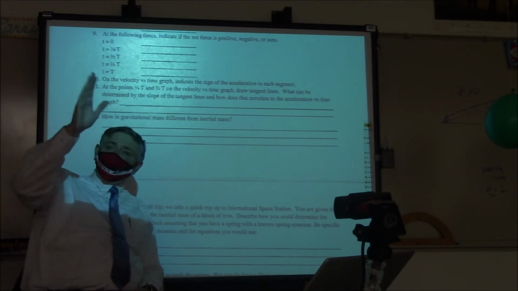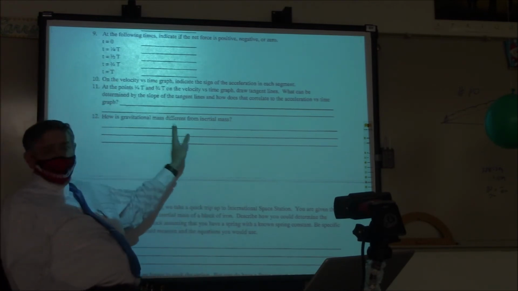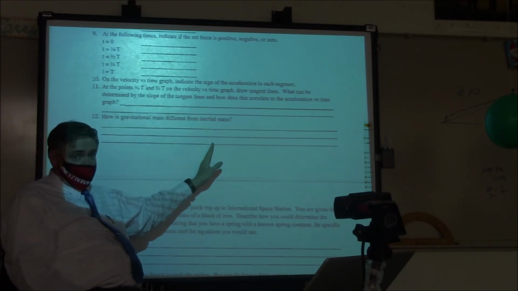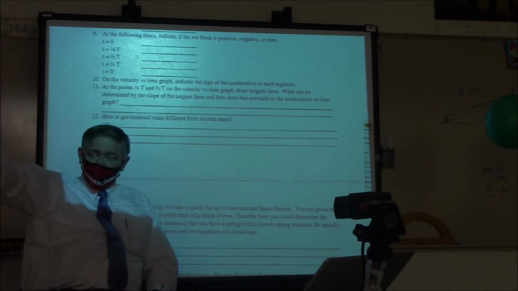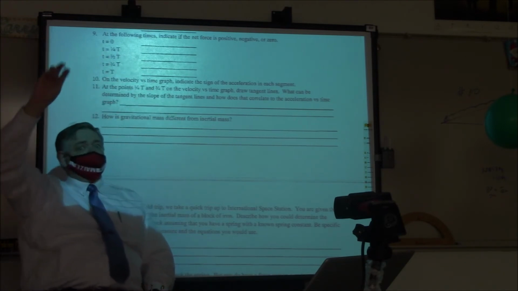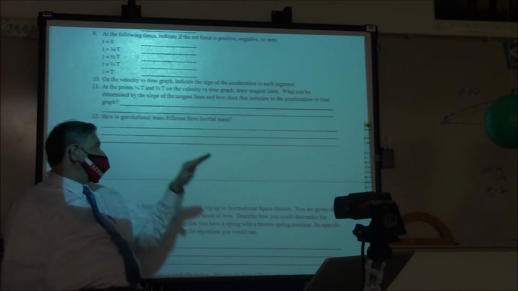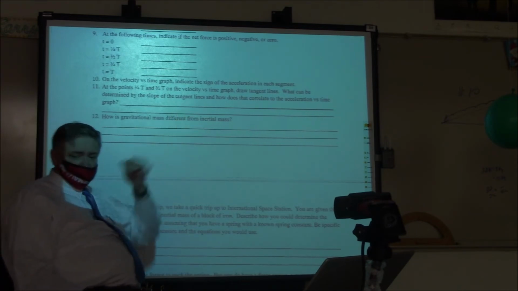So you need to figure out what's the difference between the two, and reference both of these. Use the word while and reference both answers on number 12.